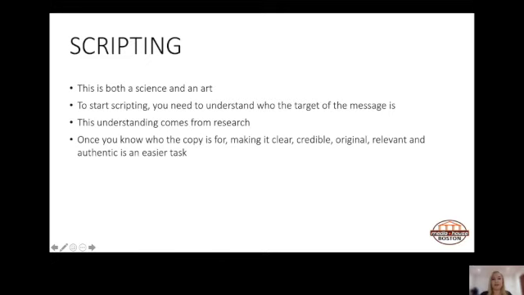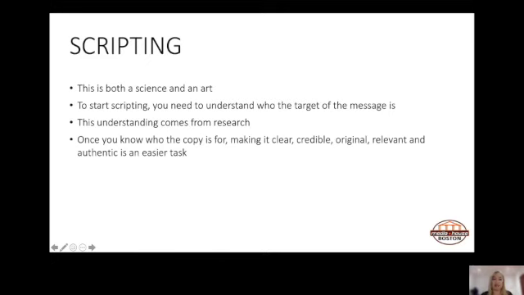We refer to scripting as a science only because there's a systematic approach that we can take to building and organizing an advertising message that's clear, credible, original, relevant, and authentic to the agreed upon audience. This begins with a very deep understanding of who the target of the message will be.